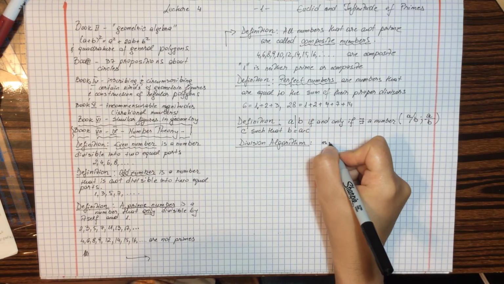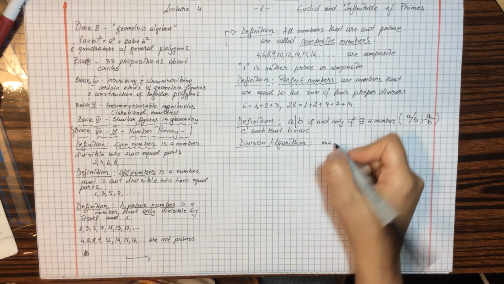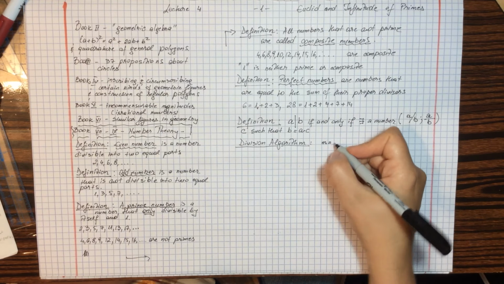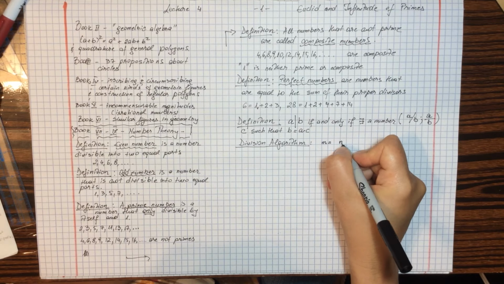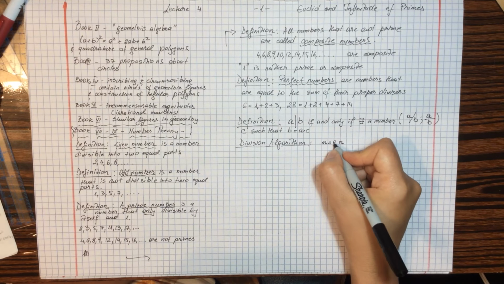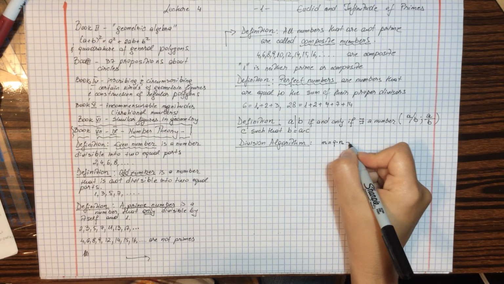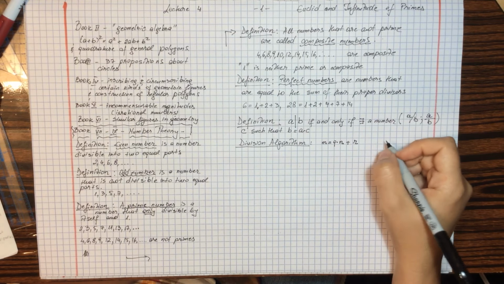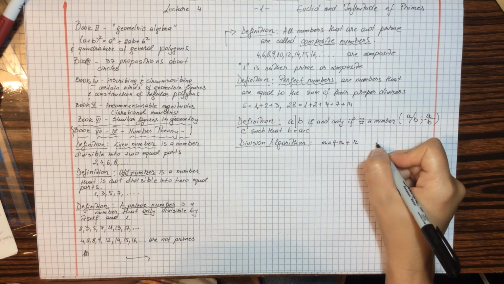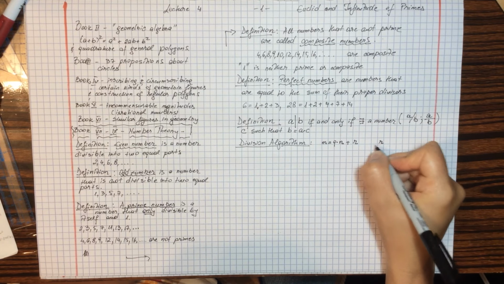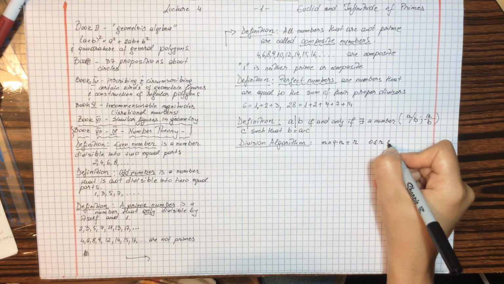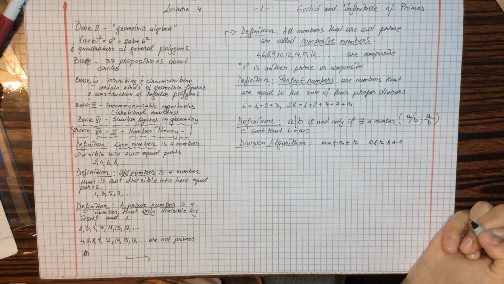Number m is equal to, so whenever you divide number m by number n, there is this quotient q plus some remainder r. This remainder is greater than or equal to 0 and less than or equal to n minus 1.